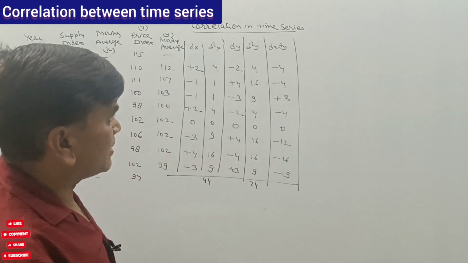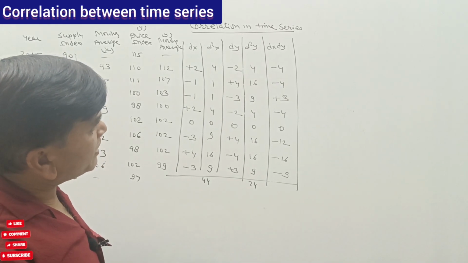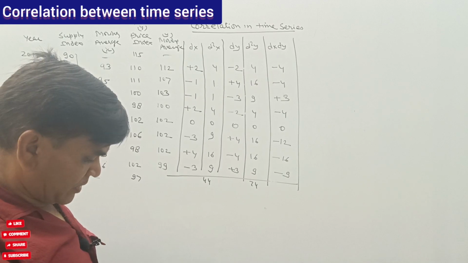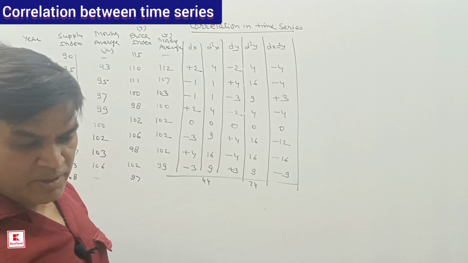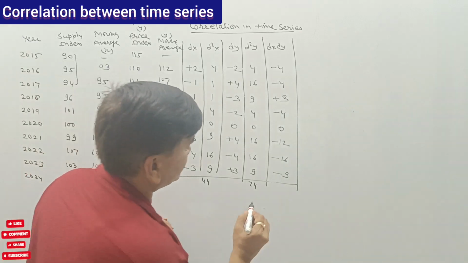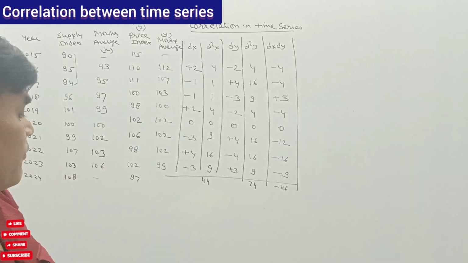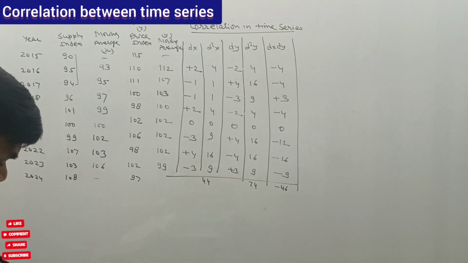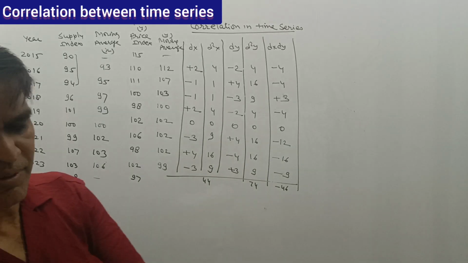And for this, 4 is a minus value, 3 is a plus value, 12 is a minus value, 16 is a minus value, and 9 is a minus value. So minus 46 is over there. So we have calculated the values. First one is 44, second one is 74, okay, and third one is minus 46. All the correct values are over there.